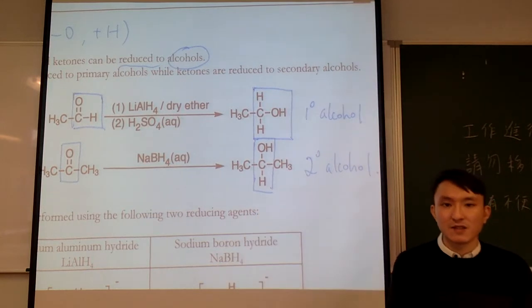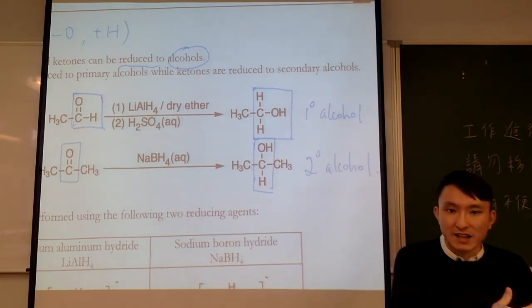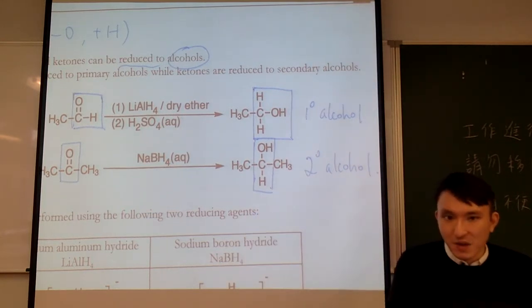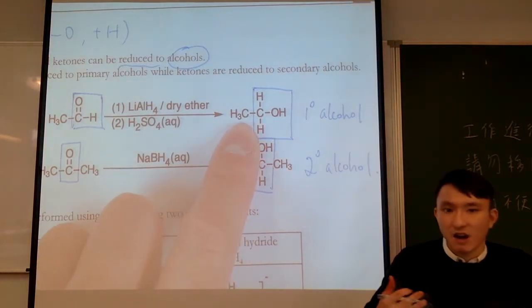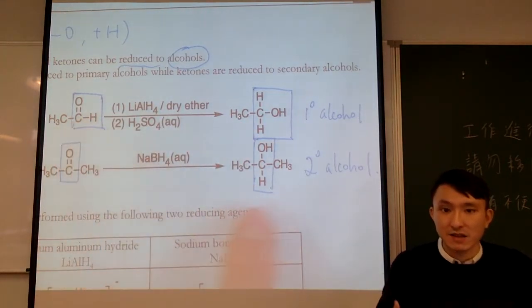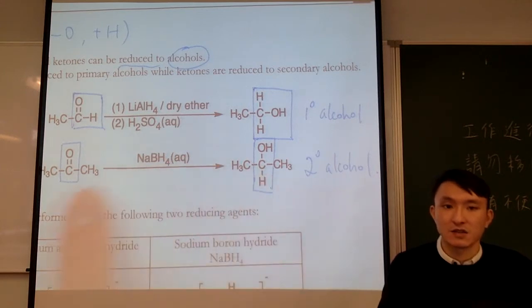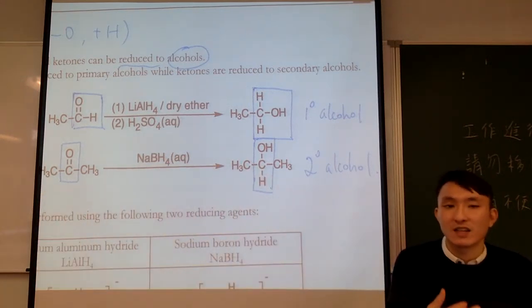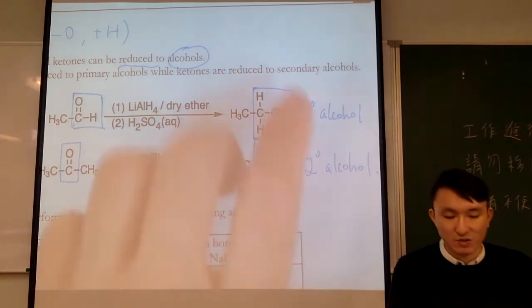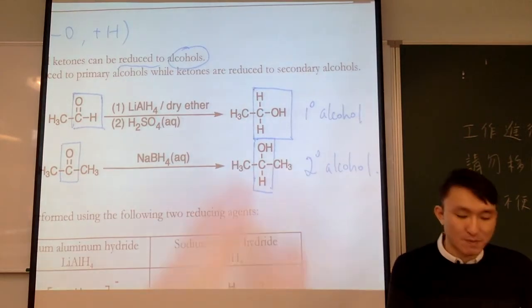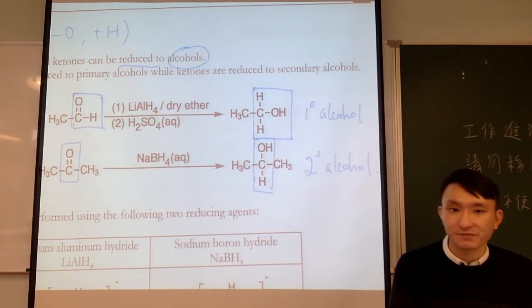That makes a lot of sense because if you go back to the oxidation of alcohol, we say that primary alcohol is oxidized to aldehyde, whereas secondary alcohol is oxidized to ketone. Now we are just doing the other way around, going back to the original alcohol. So that would be the corresponding product.